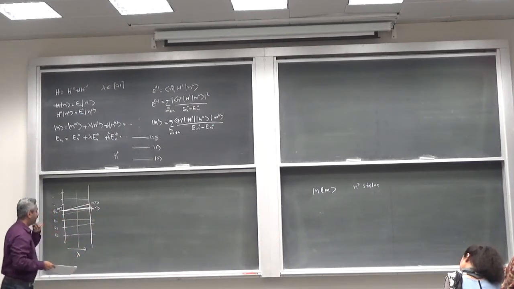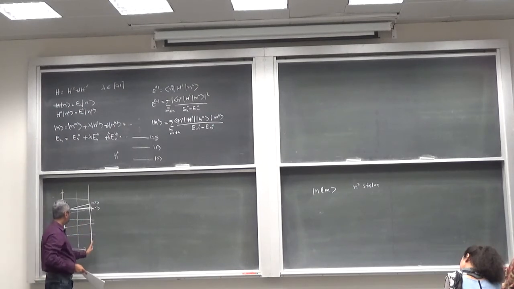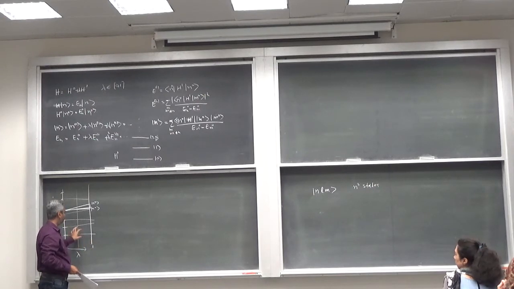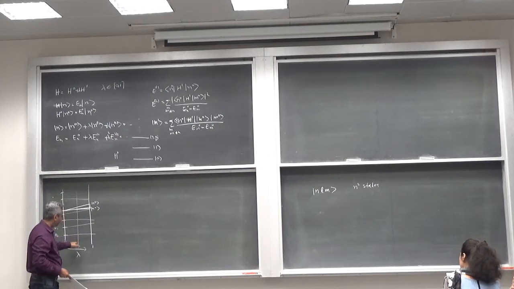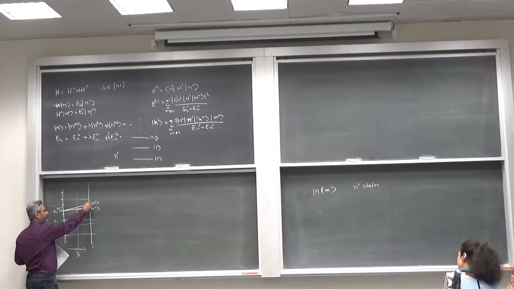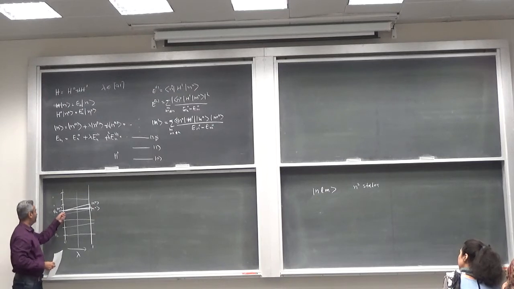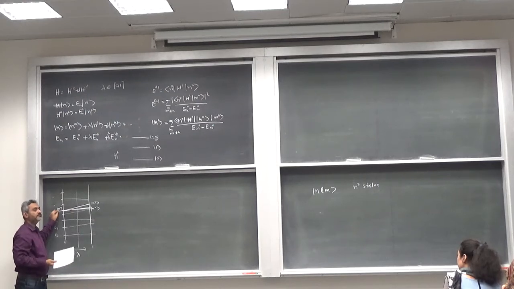Anyhow, now think of starting from this point. Suppose you have the perturbation on, and you dial back the perturbation and take it from 1 to 0. What will happen? You have these two states, and they will go back into the two states here. By the way, there are two states here, and so this is a degenerate eigenspace.